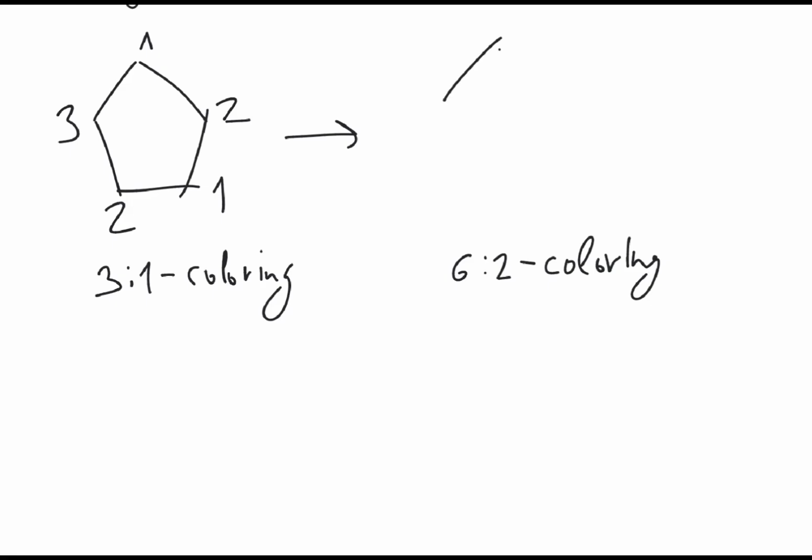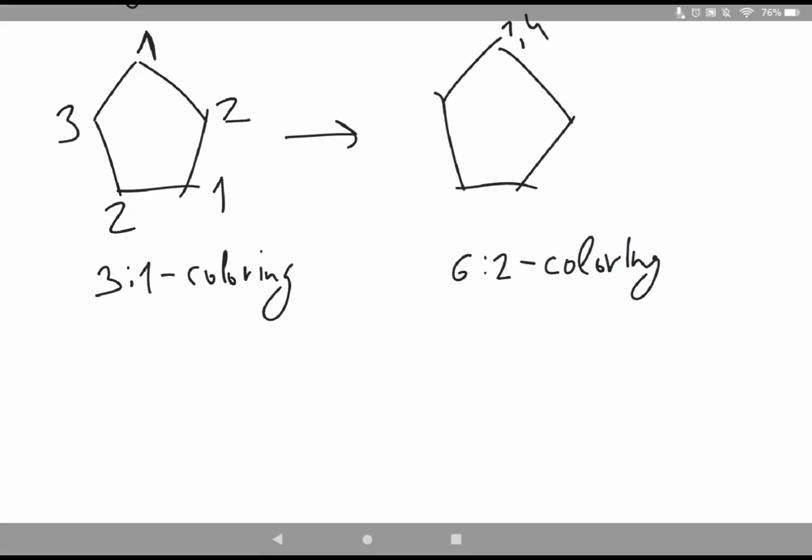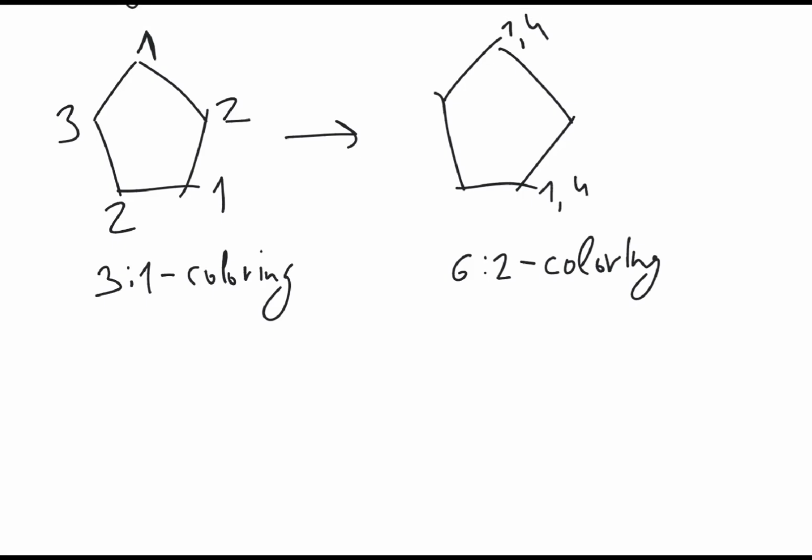Basically, we split color 1 into 1-4, so this vertex also gets 1-4. Now color 2 is split into 2-5, and color 3 we split into 3-6.